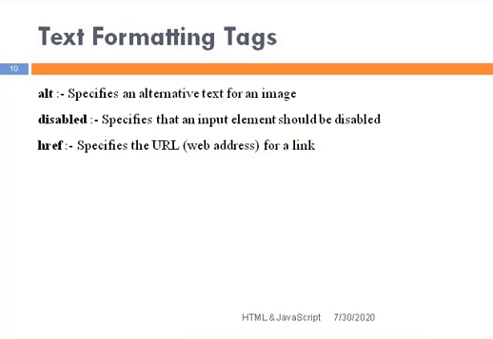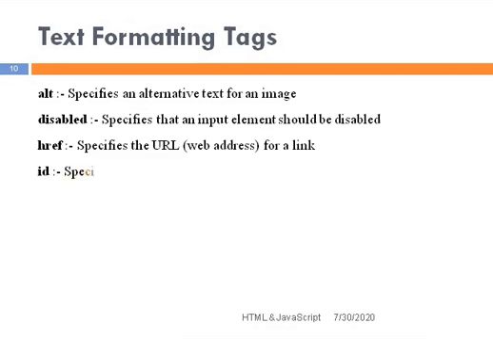You have visited many of the websites. In those websites they always say you that click this link. Okay. And when you click that link you are redirected to some other website or web page. Okay. So that is because of this formatting, that is the href. It takes you to the other web page.